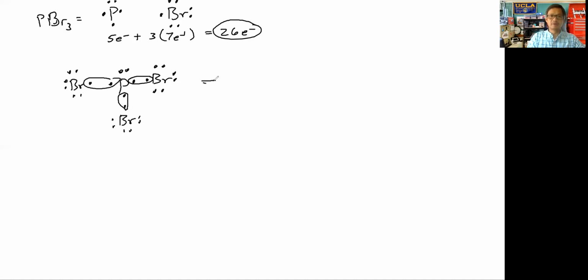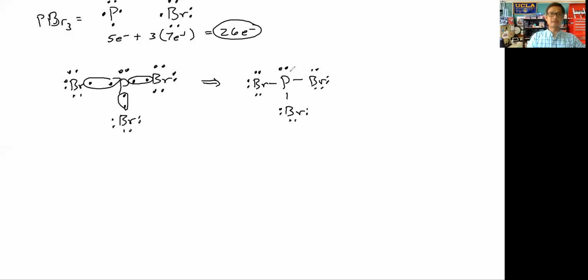So if we draw the dashed line structure, we have phosphorus forming a single bond with each bromine. Then make sure you include all of the lone pairs that each atom has. Okay, so it's 3 single bonds that form between bromine and phosphorus to form this molecule here.